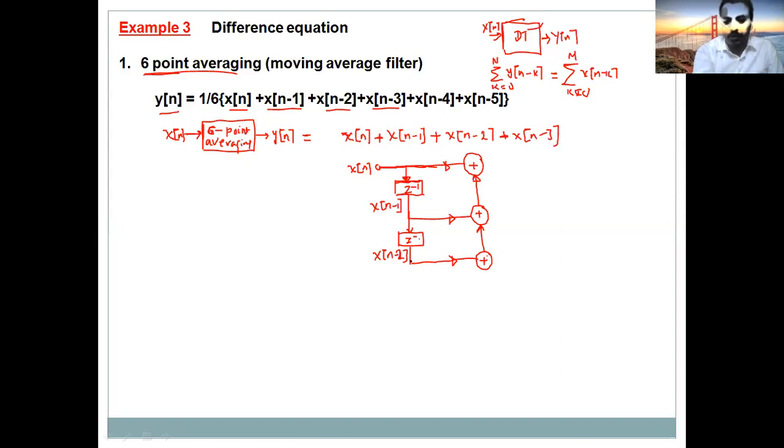Okay, so how do you get x of n minus 3? We need another unit delay element in our circuit. So again, x of n minus 2 delayed by 1 will be x of n minus 3. What is x of n minus 3? The last input sample before 3 time units. This also must be added together.